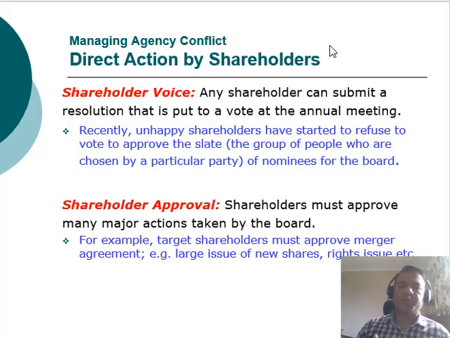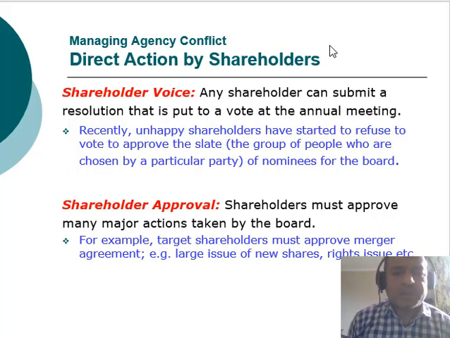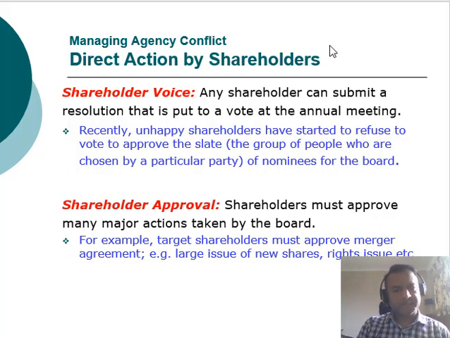However, what are the ways the agency conflict can be managed or minimized? There are several actions that can be taken by the shareholders, which include shareholder votes. Any shareholder can submit a resolution that is put to a vote at the annual meeting. Second, shareholder approval. Shareholders must approve any major action taken by the board.